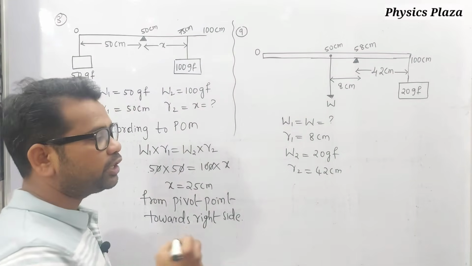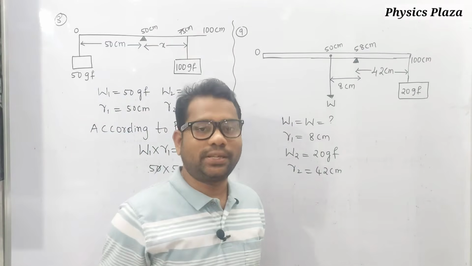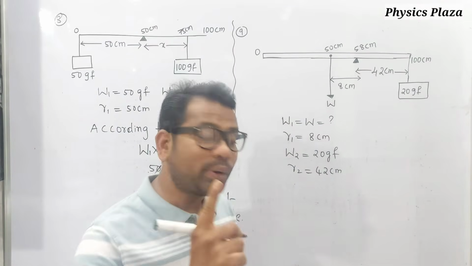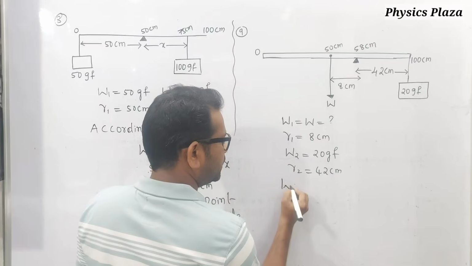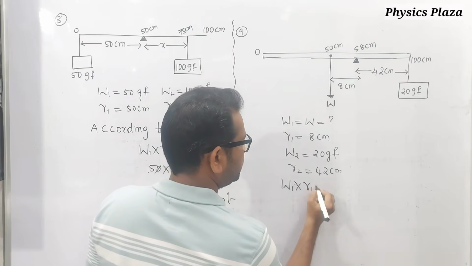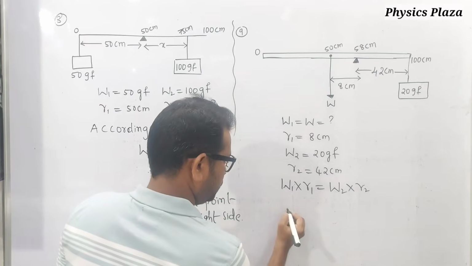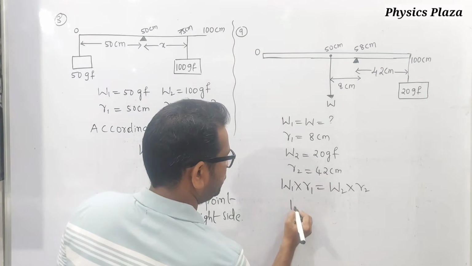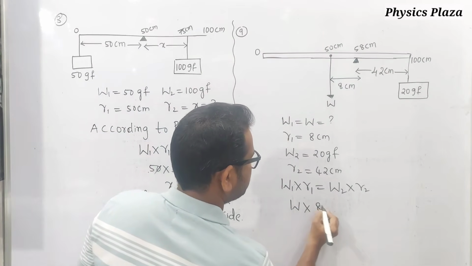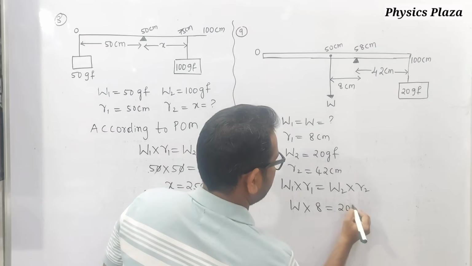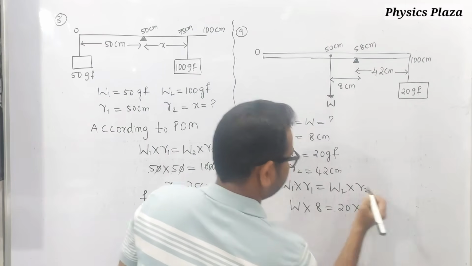Now let us apply the principle of moments. According to the principle of moments of weights, we can write W1 into R1 is equal to W2 into R2. So W1 is to be calculated: W into 8 is equal to 20 into 42.